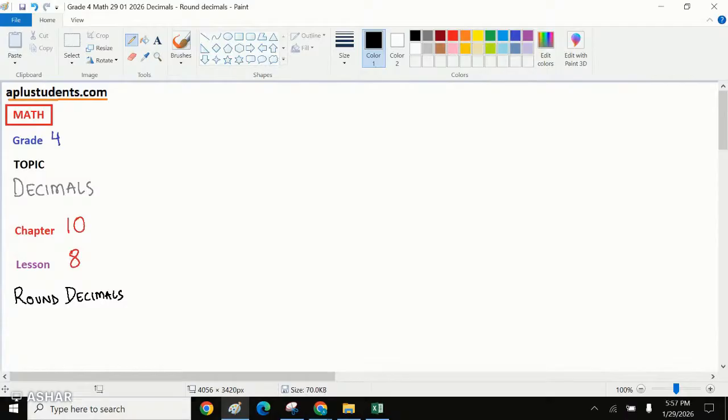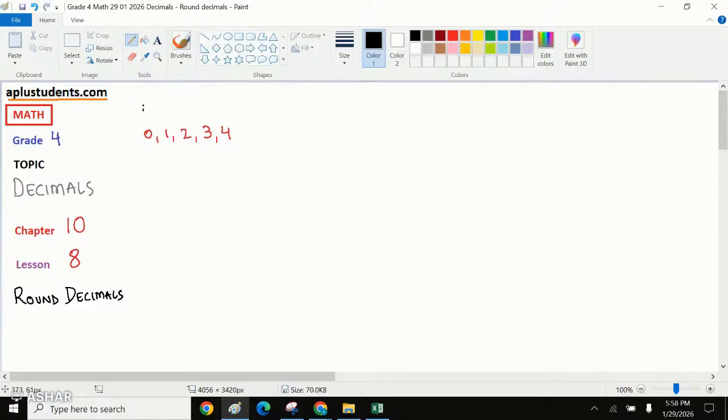Before moving on to the question, let's see what the conditions are for rounding off a number. If the last digit is 0, 1, 2, 3, or 4, we usually don't change it.